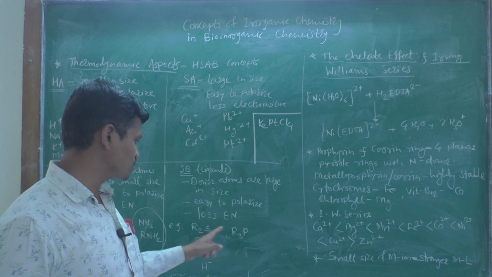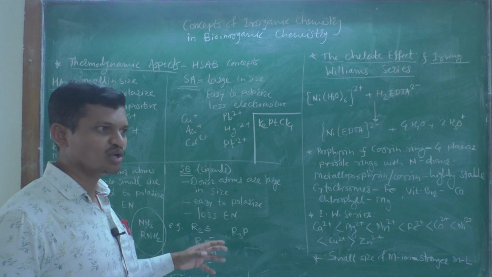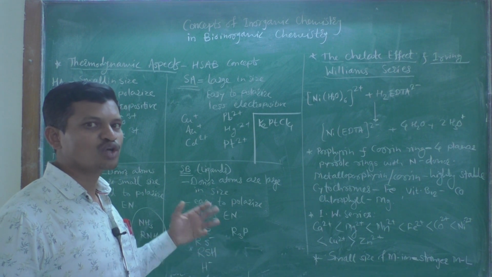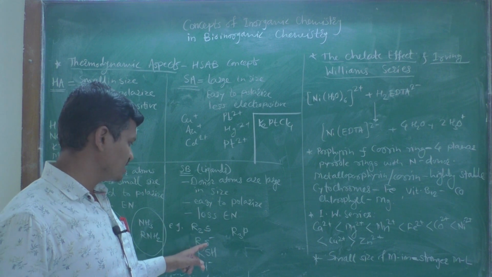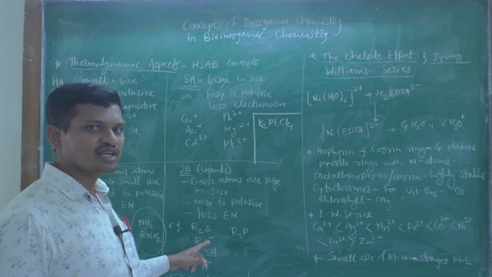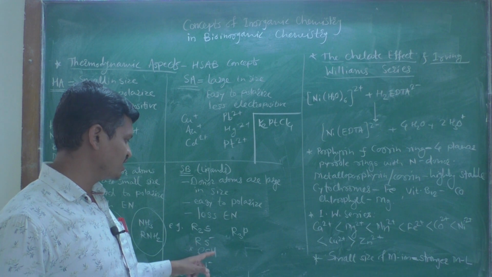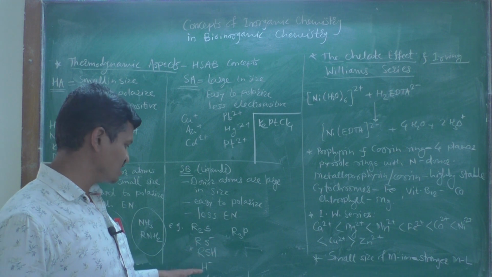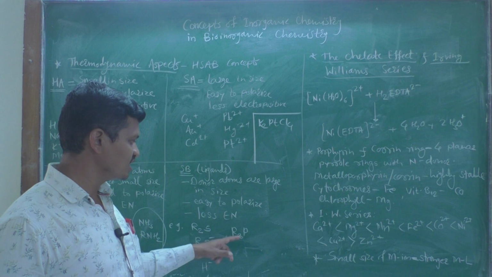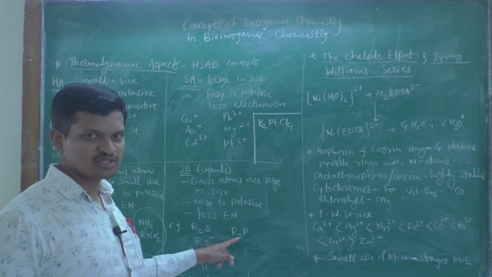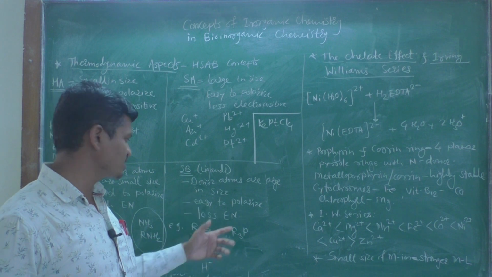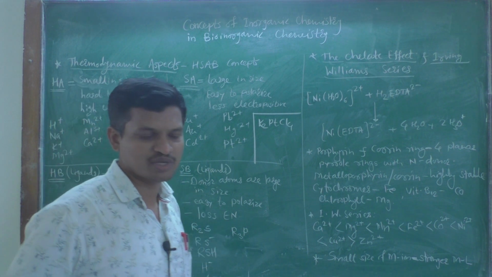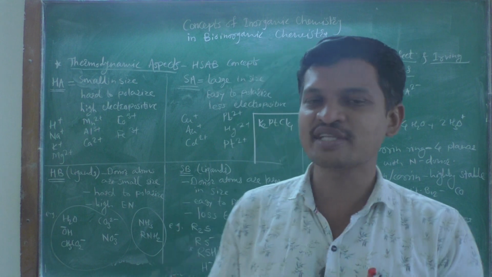Such molecules act as soft bases. For example, sulfides, sulfide anions, thiols RSH, hydride H minus, phosphines or alkyl phosphines, etc., in which donor sites are sulfur and phosphorus. So this is the concept of HSAB.